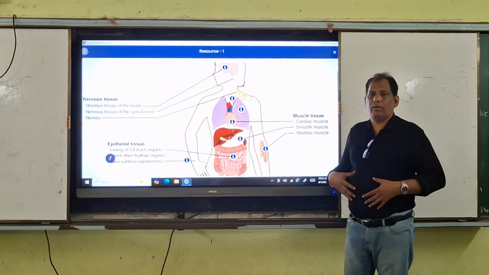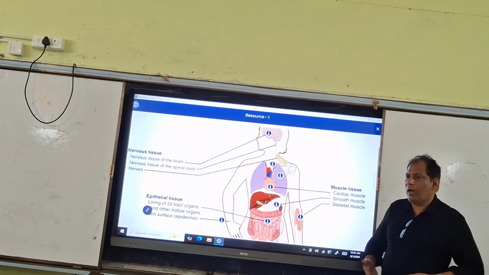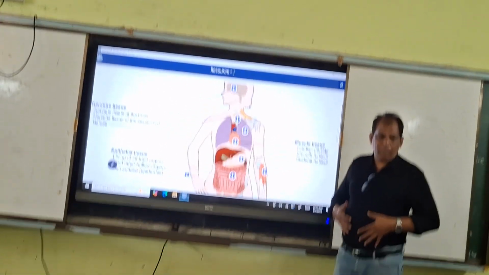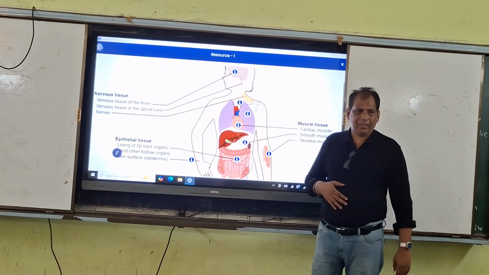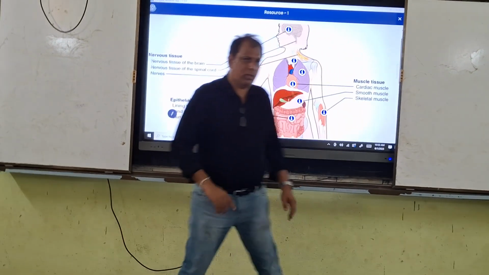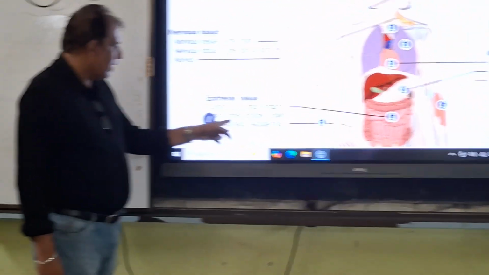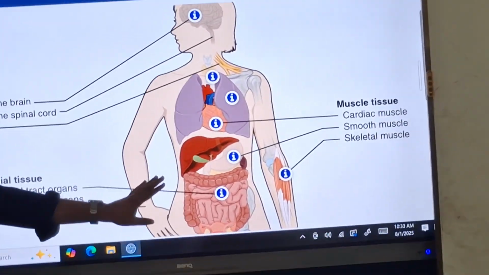We have already come across the small intestine and large intestine. These two together can be called the gastrointestinal tract, in which we observe the epithelial tissue. Next, take skin and other hollow organs.